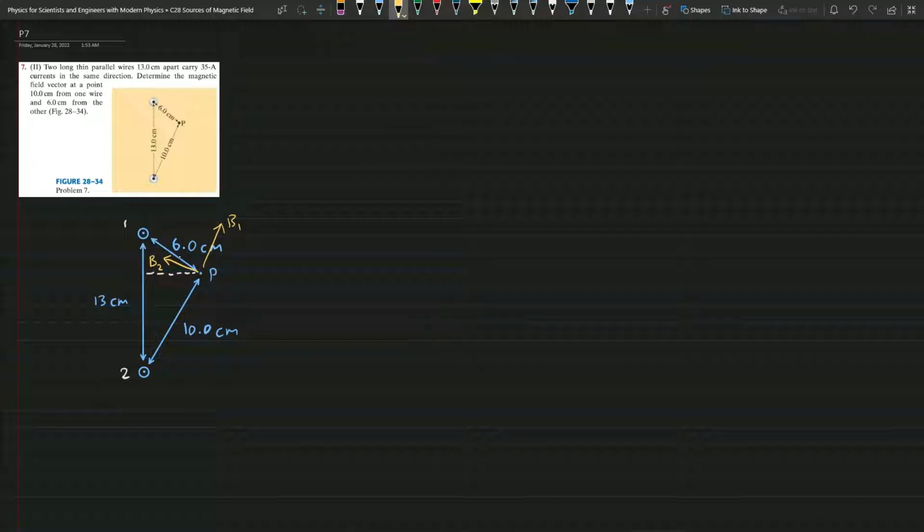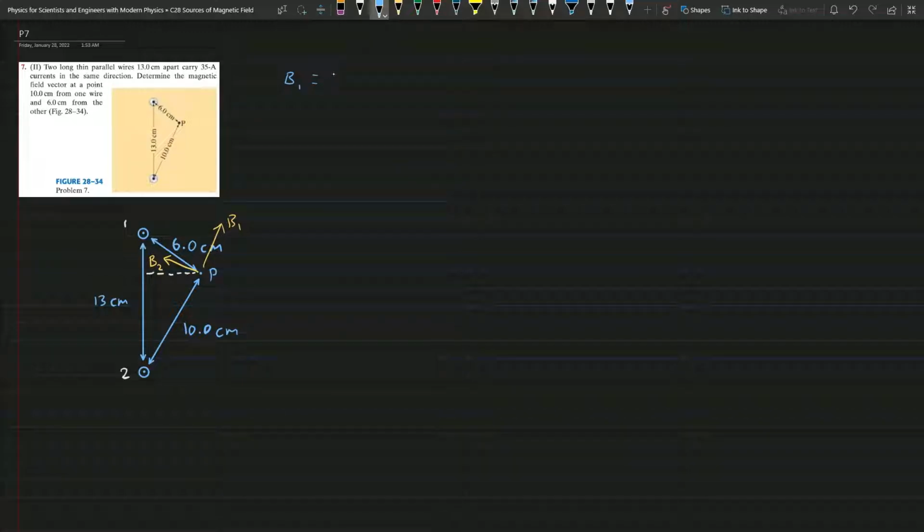Since this is a magnetic field vector, that means we also have to find out the direction. But before we find out the direction, let's solve for the magnetic field due to each wire.